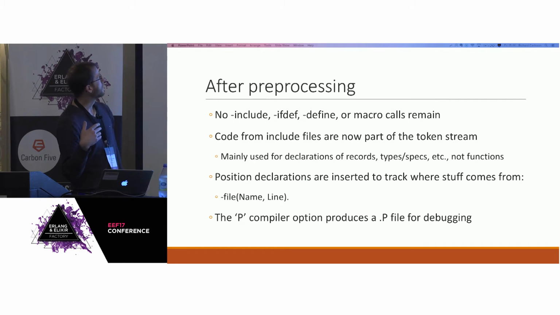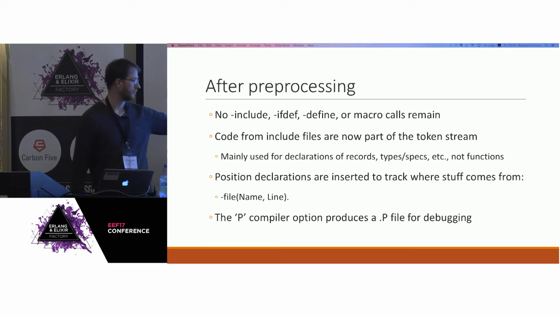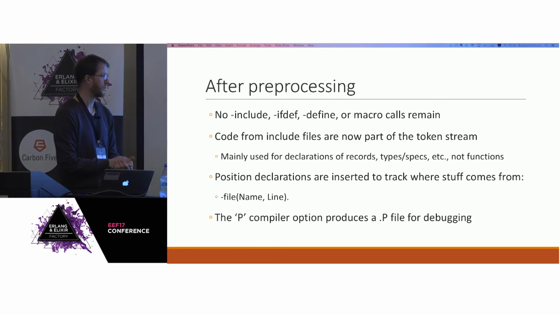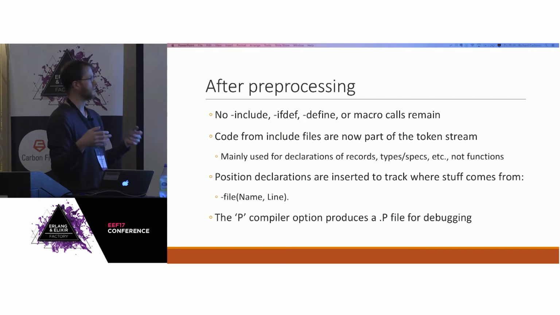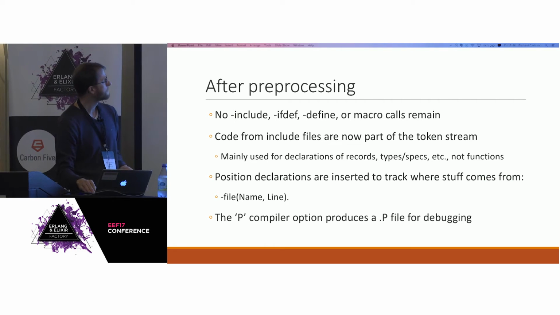But if you want to inspect what's happened to your code after most of these preliminary things are done, you can pass the upper P option to the compiler, and then it will stop and output a .P file, which is really just a pre-printed source code dump of what your stuff looked like immediately after parsing. So if you're really lost when you're working with macros or something like that, then you can use this for debugging.